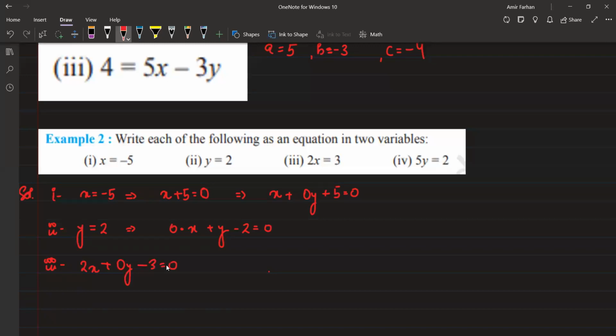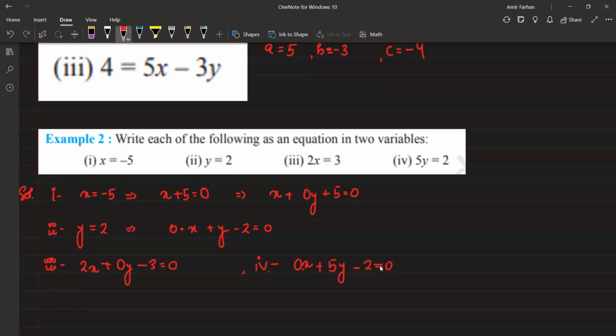Yes, so this is the correct representation of two variables. Clear? Write down the second one. You did, very good. The fourth: 0 dot x plus 5y minus 2 equals to 0.